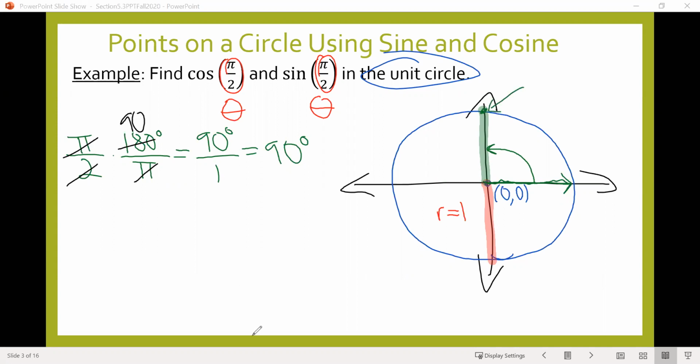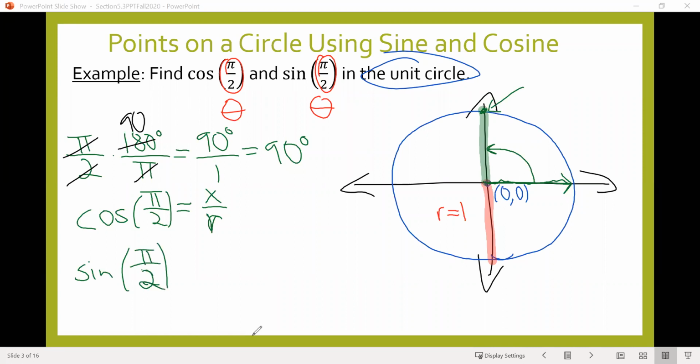The reason we need to do that is because, recall from what we just saw, the cosine of pi over 2 is equal to the ratio of x over r, and the sine of pi over 2 will be equal to the ratio of y over r. So we need the x and y there, so we can plug them into this formula to find the sine and the cosine.